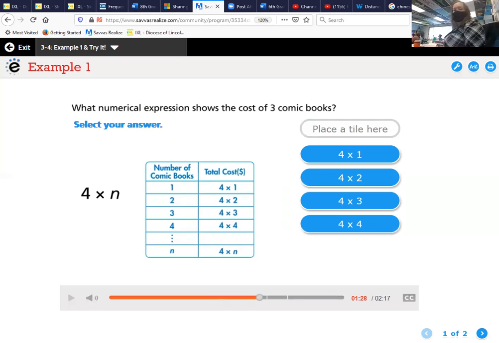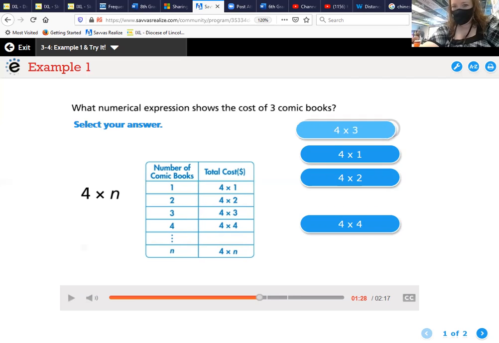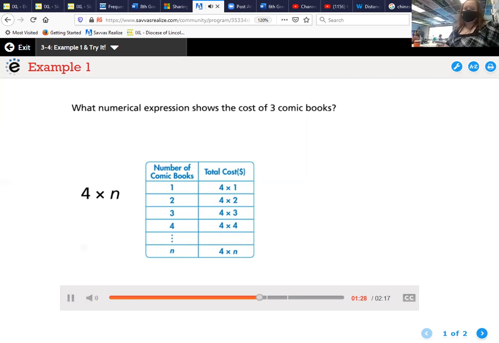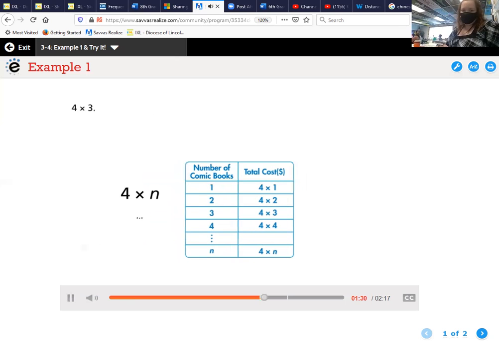Okay, so they did ask what numerical expression shows the cost of 3 comic books. Marco, let's see. Where's my mouse? There we go. Correct. 4 times 3.